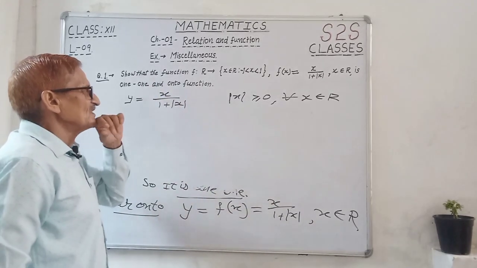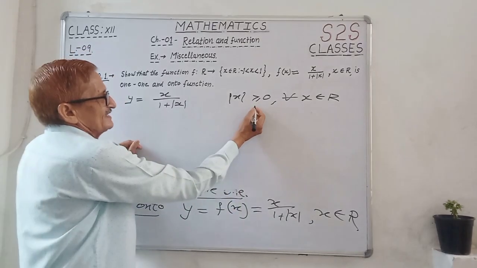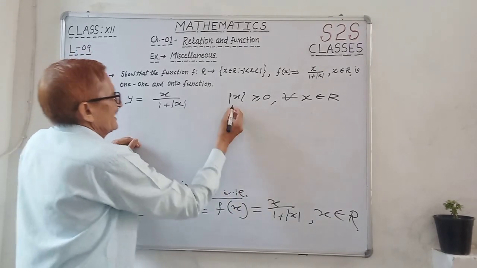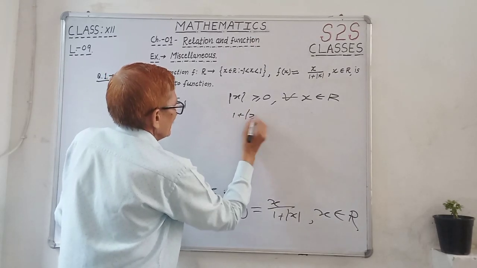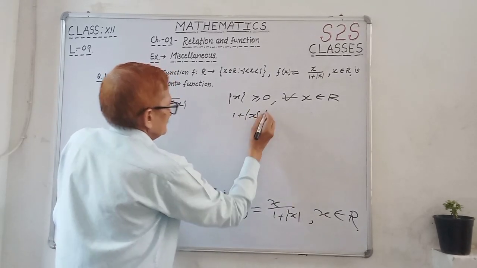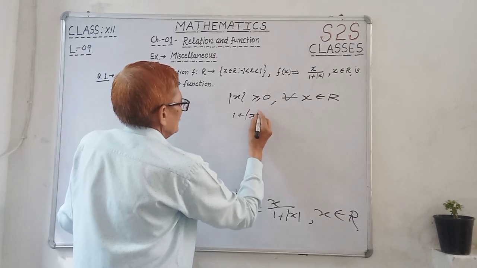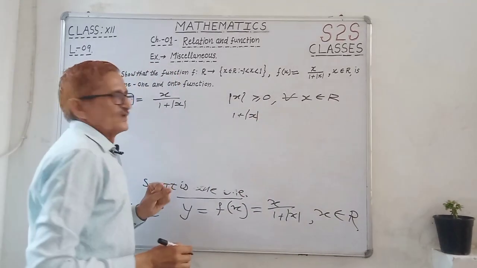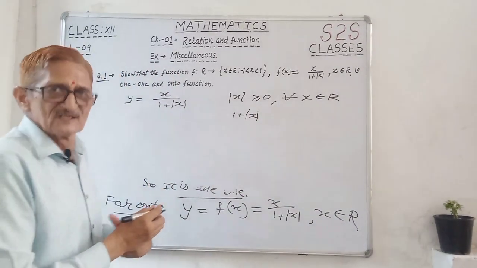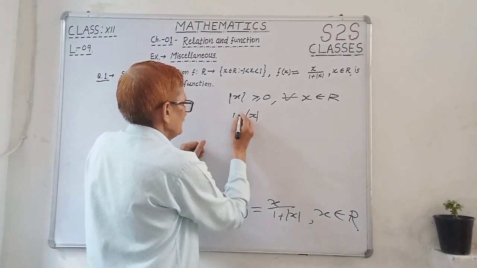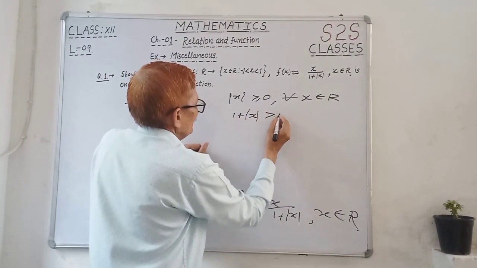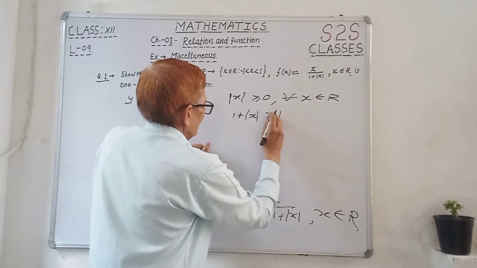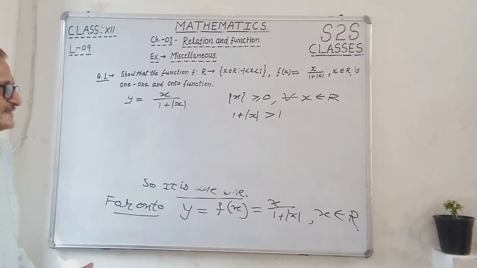So the denominator 1 plus modulus x will always be greater than 0, or rather greater than 1, because it is 1 plus something.